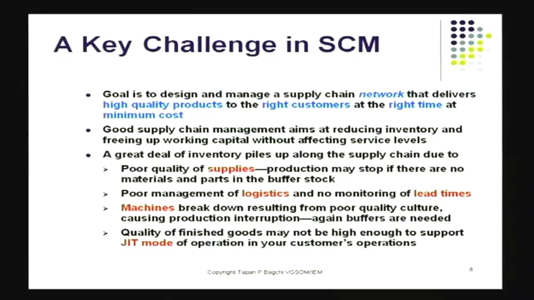Couple of problems are there. Poor quality of supplies are there sometimes. Sometimes logistics is not quite in your control. Sometimes lead times fluctuate. Sometimes machines break down. Sometimes, of course, we are not really able to manage everything right, and the reason is we then end up putting buffers in between, and we try to decouple the different stages of supply chain.